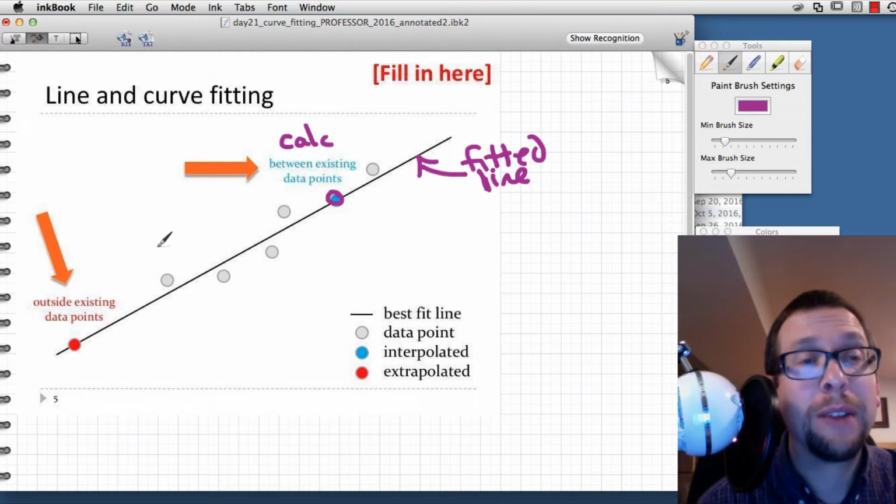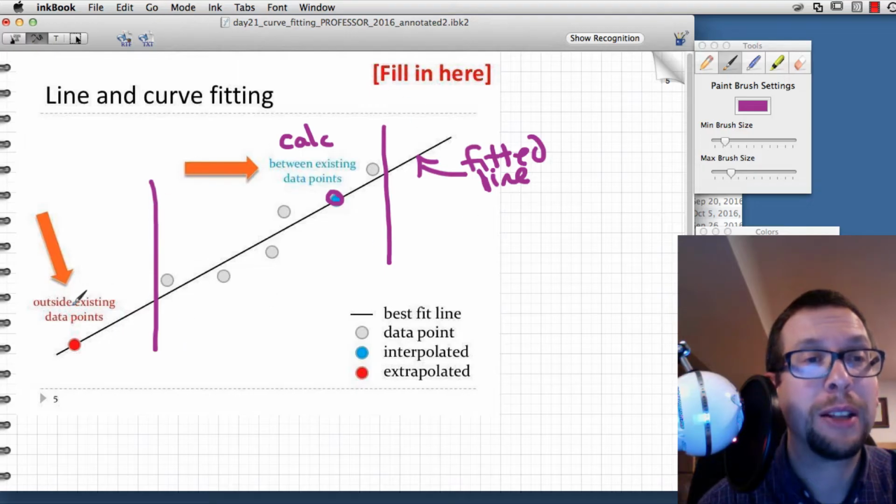If you are outside of the range, so in this case, my range basically ends there and there, and if I wanted to infer data outside of that boundary right there, like this data right here, I want to know what happened there, then I would calculate using that line the data point that would exist at this point in time or along this area right here, and this is extrapolation. So we have extrapolation and we have interpolation over there.